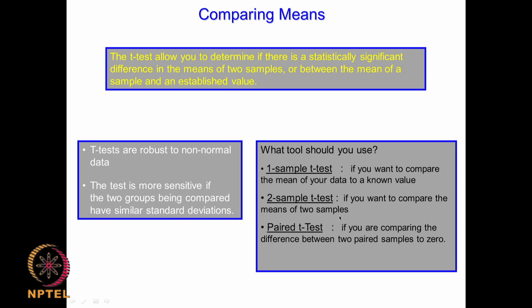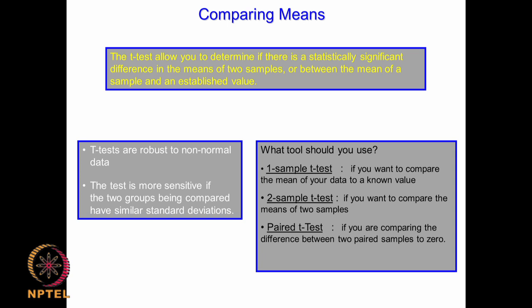Pair t-test. If you are pairing 2 sets of data, then the expected difference in result should be 0. For example, I take 10 cats, test a drug A on the 10 cats and look at the outcome. Then on the same 10 cats I give drug B and look at the outcome.